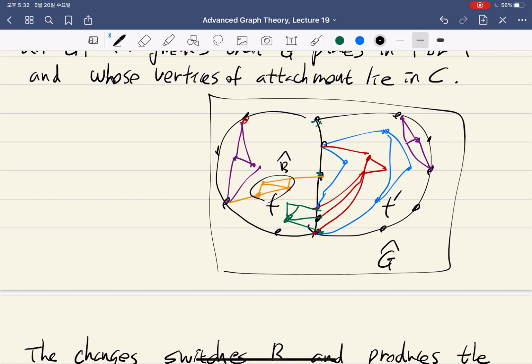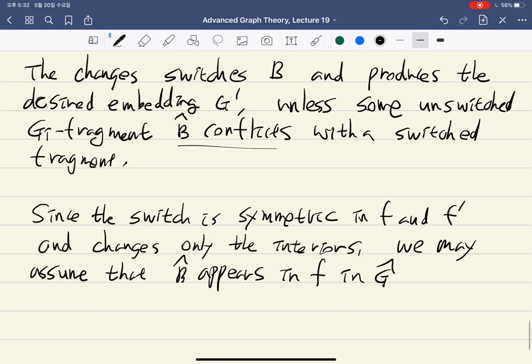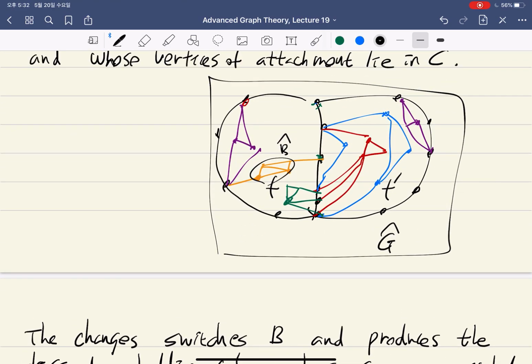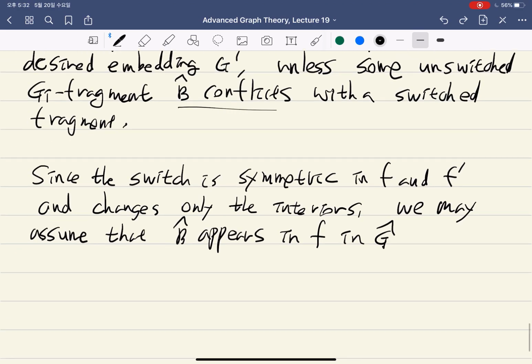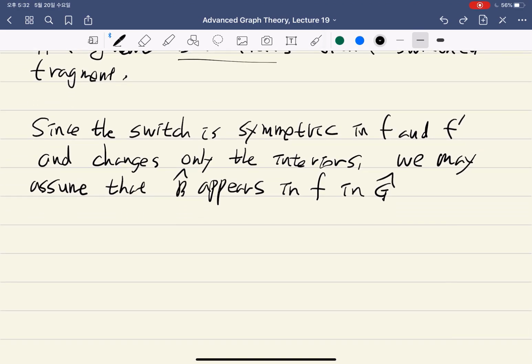I mean, there could be that this phenomenon appears here, meaning that there could be some things. Anyway, so we assume that this is here. If it happens in either F or F prime, it is with a different way of drawing it. Here, it's not possible to appear in here, so we assume that this appears in F, in this G hat.